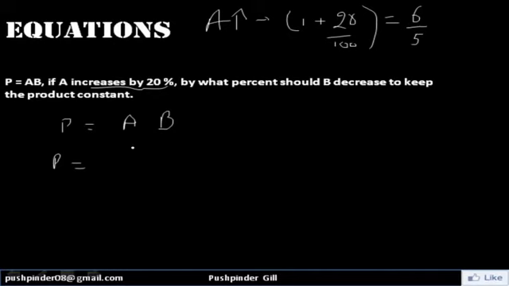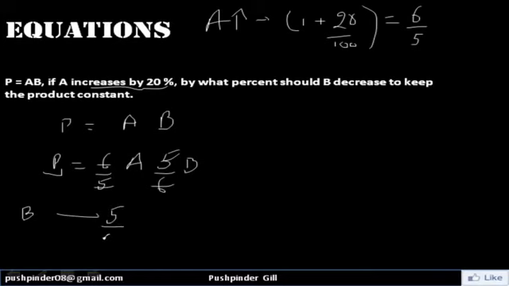So A has got multiplied by 6 by 5. Now, to keep the product constant, we have to multiply B by 5 by 6 so that whenever it cancels, we have this as constant. So, B is going from B to 5 by 6B, right?